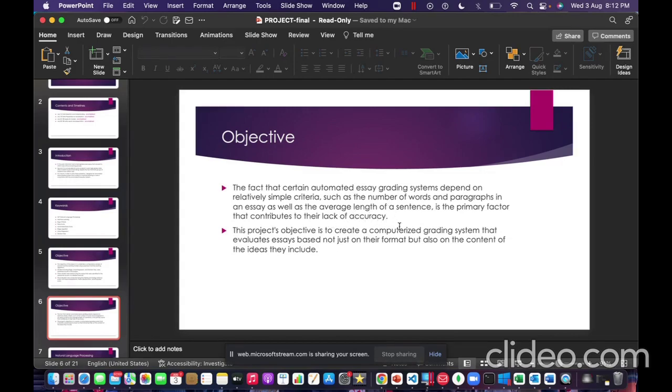So to solve this problem, we created a computerized grading system. It doesn't evaluate the essay based on the number of words or the length of the sentence. It evaluates based on the content of the ideas it includes.